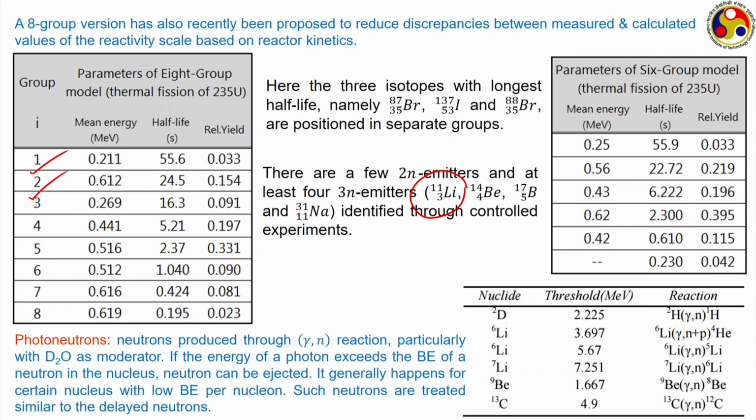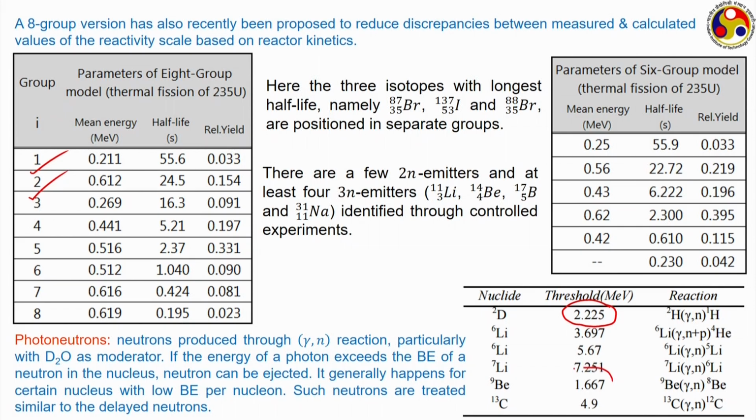Like you can see for deuterium, which we calculated earlier in our first module, the binding energy per nucleon is a very small number, just 2.225 MeV, and whenever it is hit by a gamma photon of energy say 2.23 MeV or 2.3 MeV, it will lead to the ejection of one neutron and the deuterium gets converted to normal hydrogen.